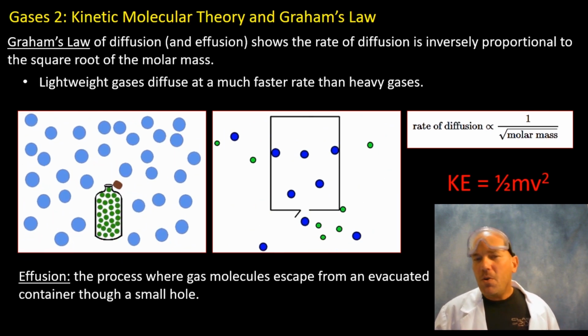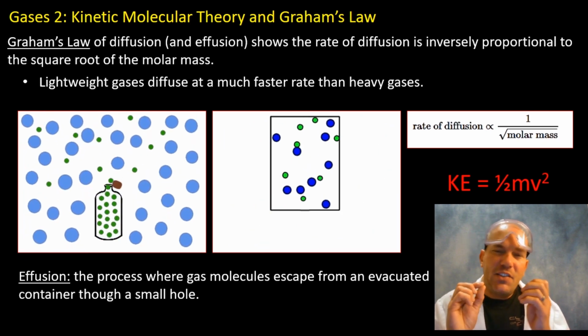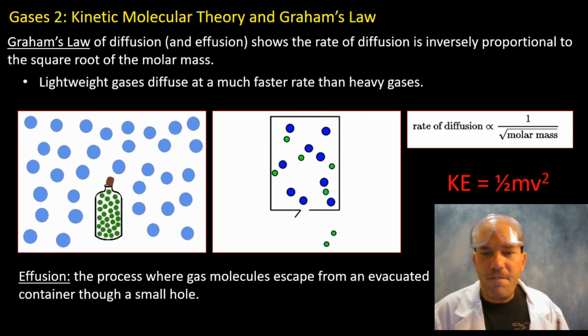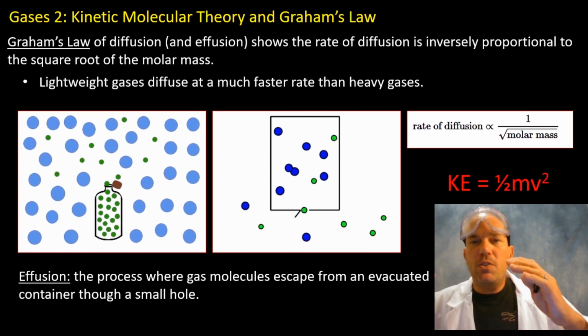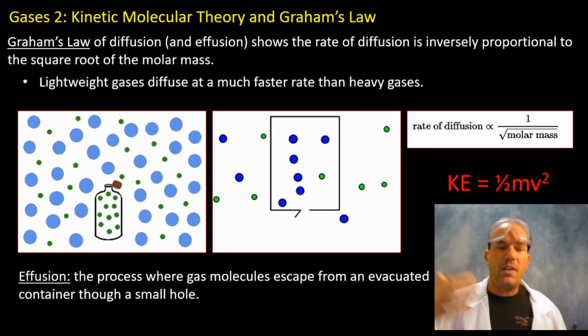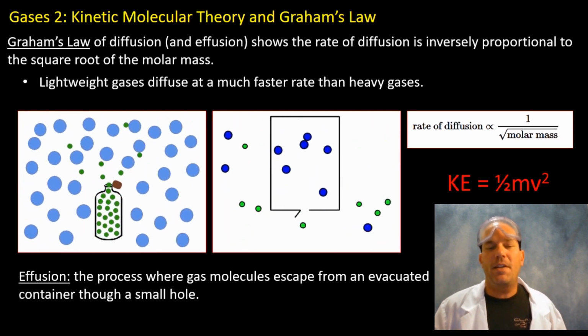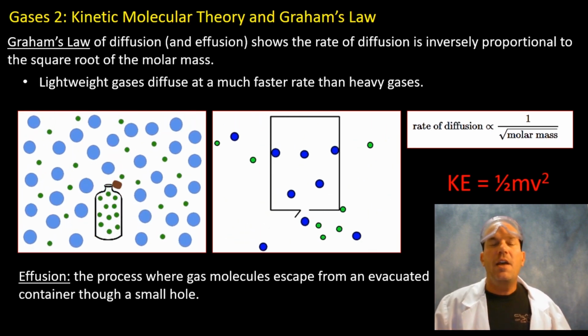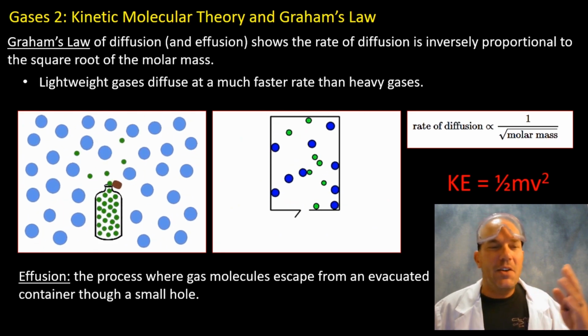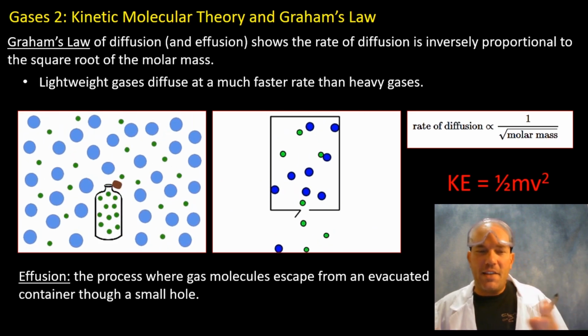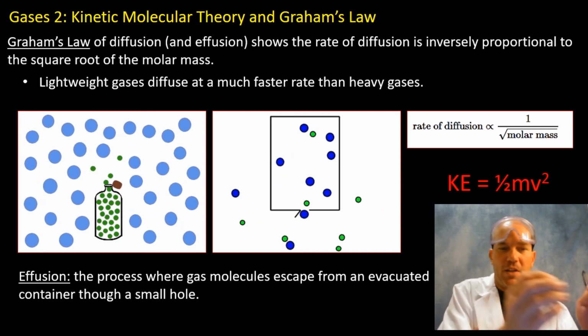But what you notice is the smaller molecules, which are moving faster, are able to effuse and escape from the vessel here much faster. So that is effusion as compared to diffusion on the left.